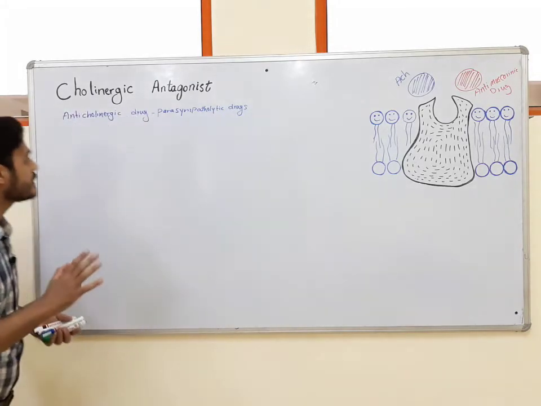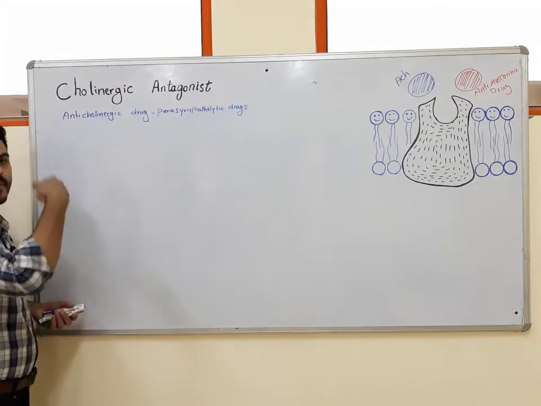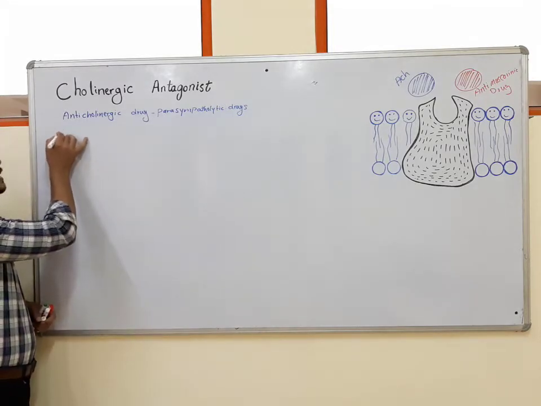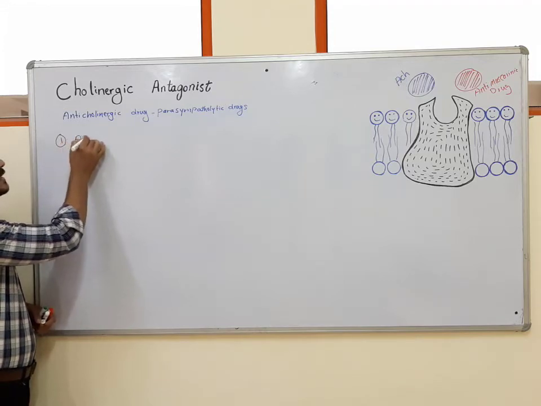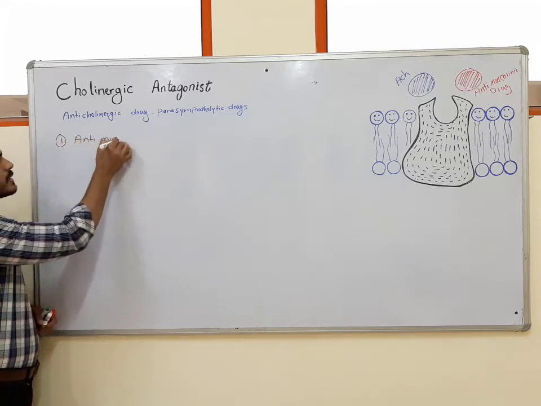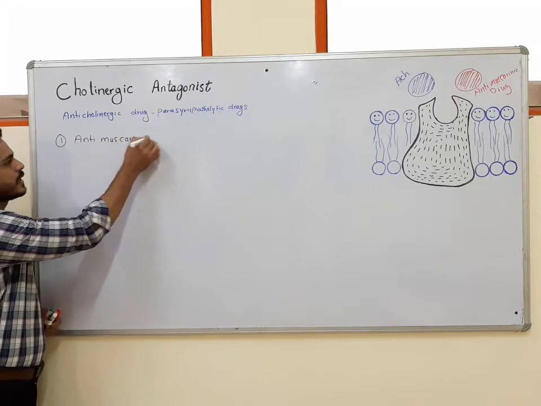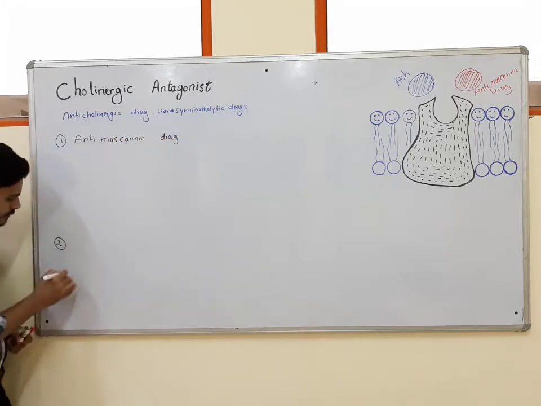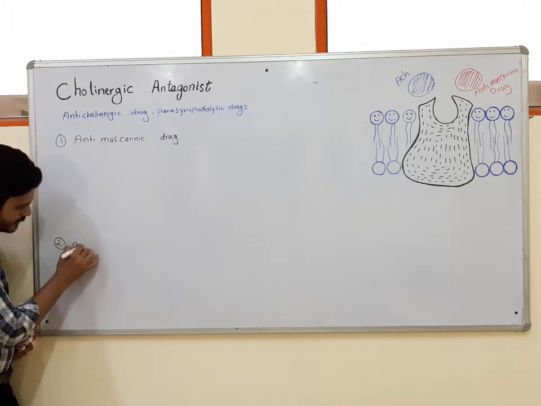So how do we classify cholinergic antagonists? On the basis of the receptor types, we can classify these drugs into anti-muscarinic drugs. The second class is ganglion blockers.